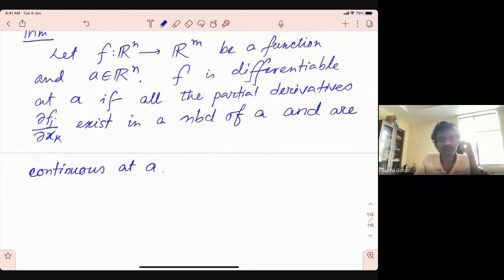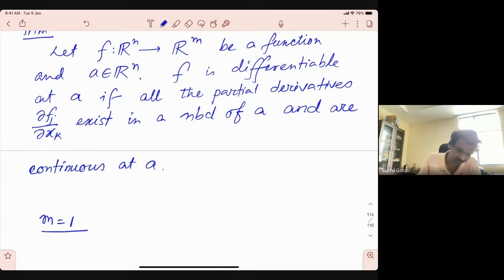So is the statement clear at least? I have put it in a general statement, but let us look at m equal to 1.